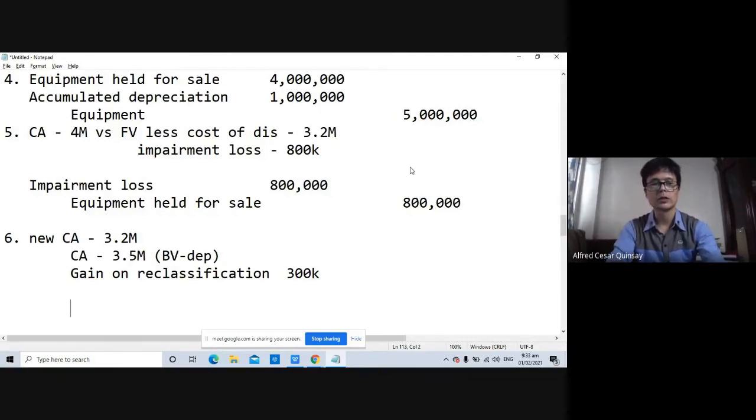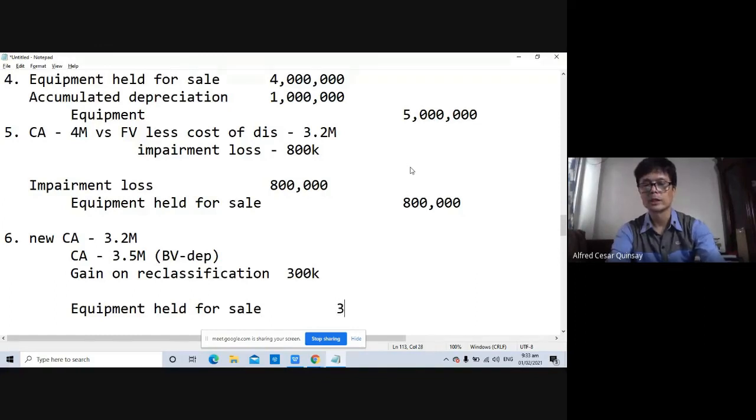Yung entry lang dito is debit equipment held for sale. For how much? That is 300,000. Okay? And then, credit yung gain, no? Gain on reclassification.